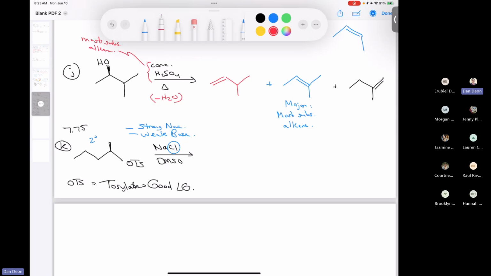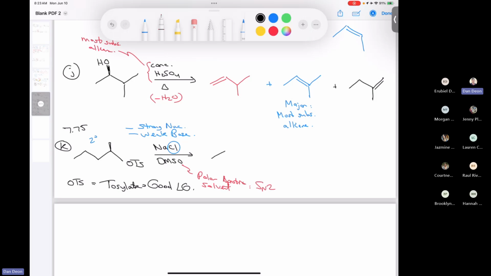Now, if you don't remember what DMSO is, that stands for dimethyl sulfoxide. It is a polar aprotic solvent. And if you remember, the aprotic solvents are going to promote an SN2 reaction. So this is just a way to make this reaction go even faster. Now remember, when you do an SN2, you're going to get inversion of configuration. So this methyl group that's on the wedge is going to be on a dash when we're done.